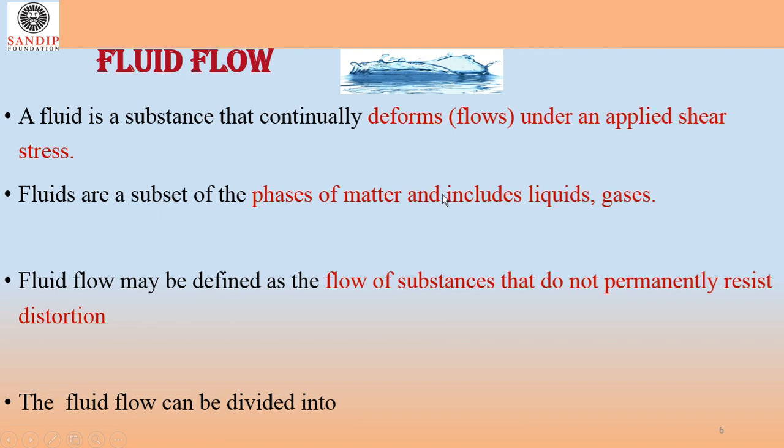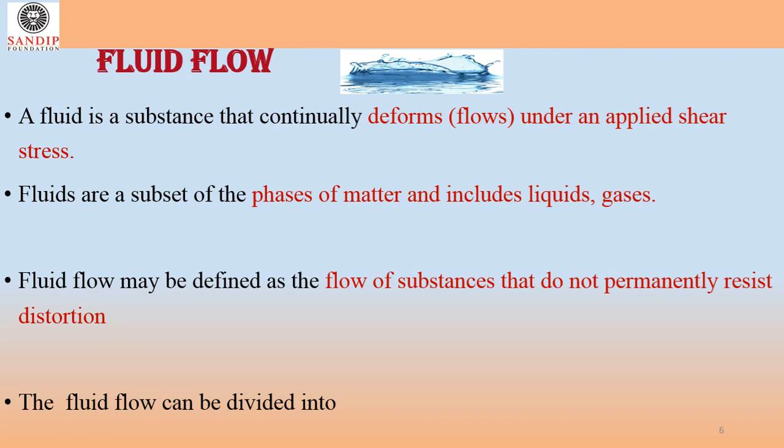Now what do you mean by fluid flow? Fluid flow is defined as the flow of substance that does not permanently resist distortion. Distortion means alteration of the original shape.